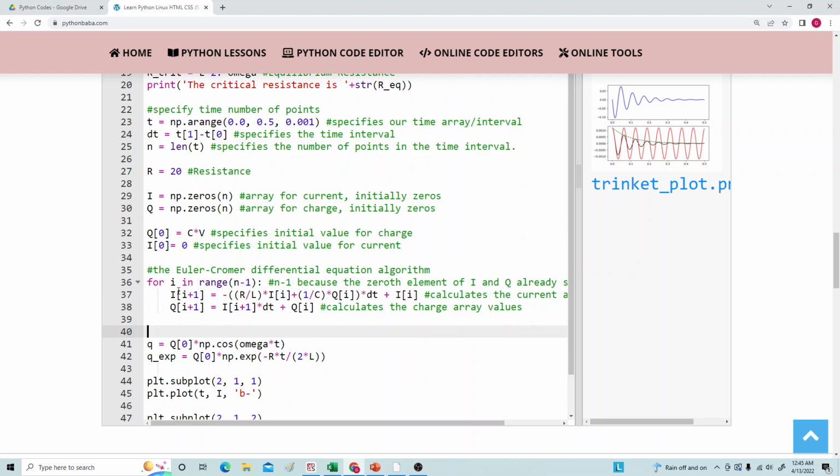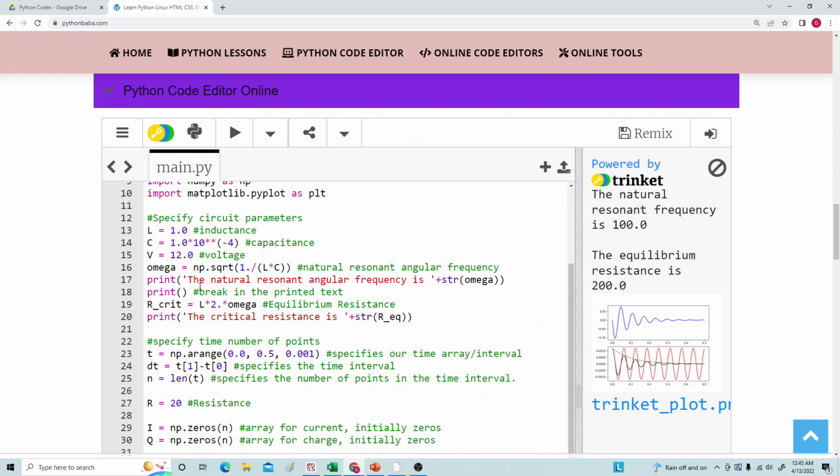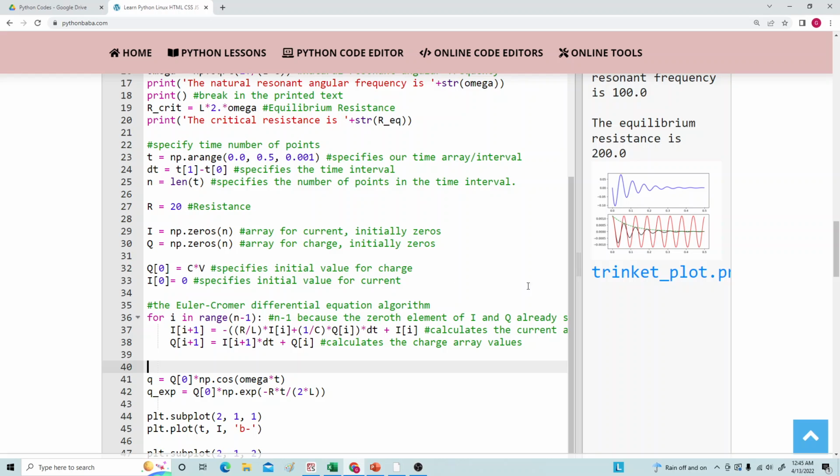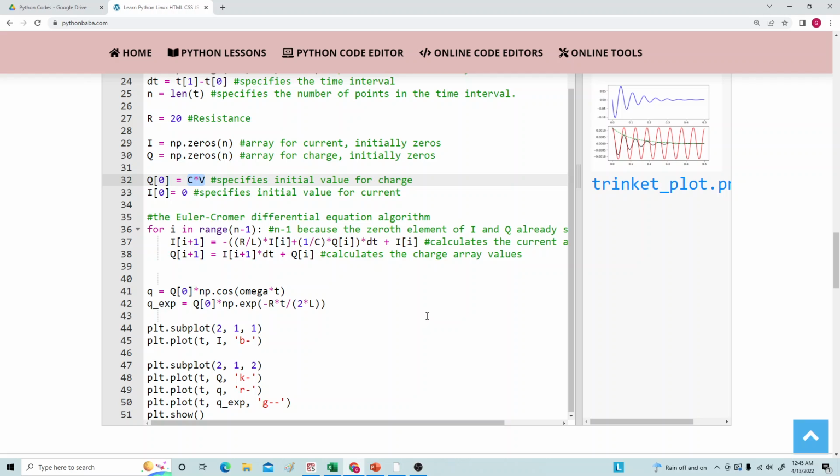And Q naught here, the voltage times the capacitance, is the amplitude of the normal oscillations in the LC circuit.